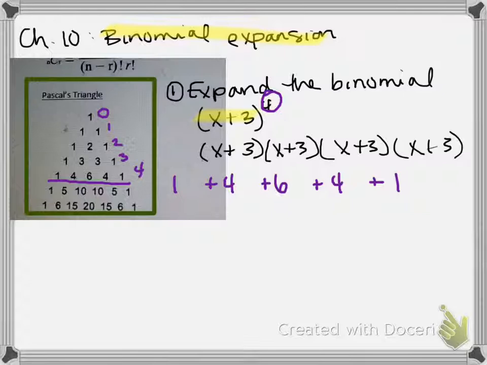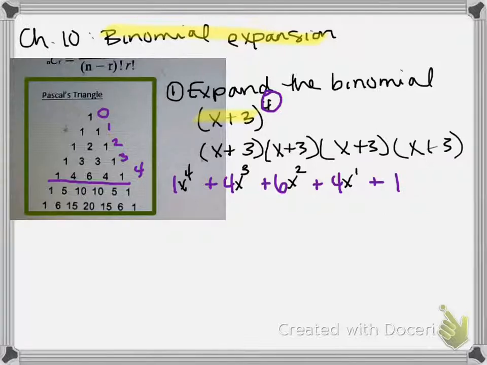And then I'm going to have my x terms, and I'm going to start with x to the fourth. So let's do that. I'm going to have x to the fourth, and then my powers are going to decrease: x to the fourth, x cubed, x squared, x to the first, down to x to the 0 power, which I don't even have to write.